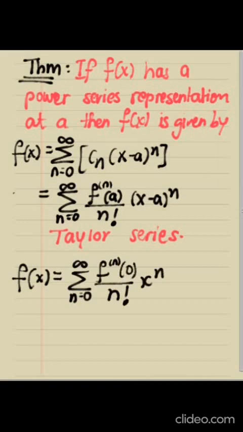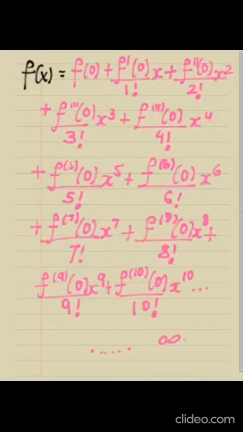And this is basically what we call the Maclaurin series. And the Maclaurin series is also a Taylor series, except it's only evaluated at a equal to 0. So this is what a Taylor series centered at 0 looks like, which is also the Maclaurin series.